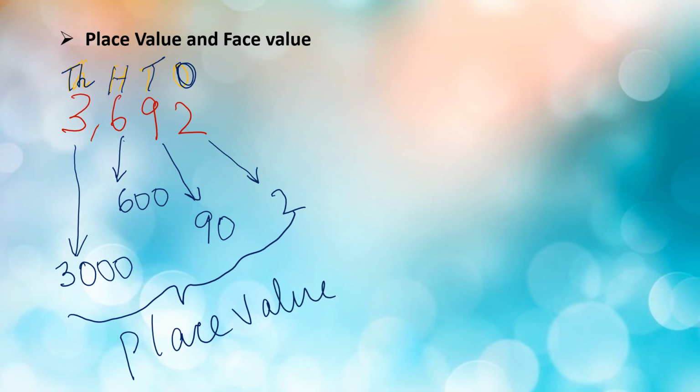Okay. So, now we will talk about face value. As I said, the face value of any particular digit of a given numeral is the value of the digit itself, irrespective of its position. So, when I talk about 2, the face value of 2 will be, can you all give a try?